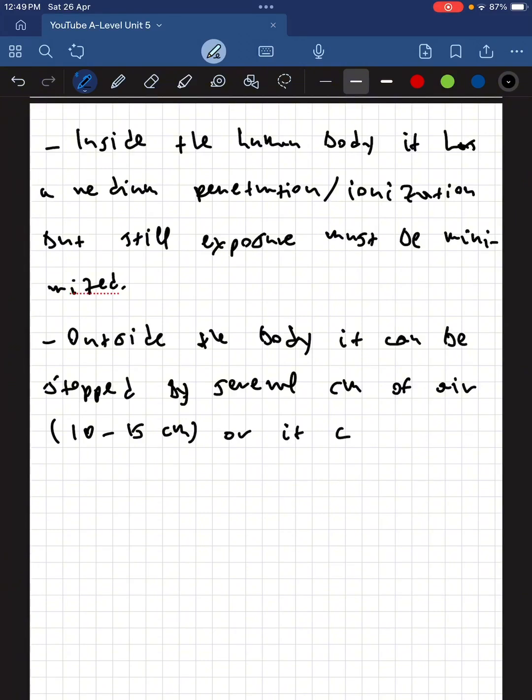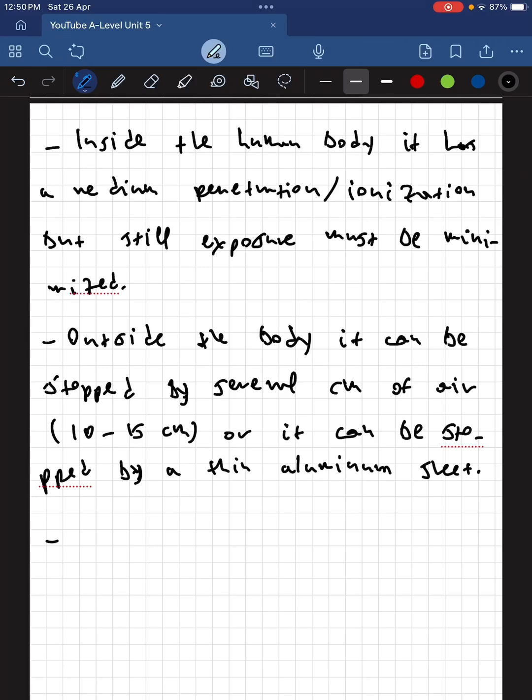Or it can be stopped by a thin aluminum sheet. So for beta particles, you cannot use a thin piece of paper and stop beta radiation. It will go through. So you need something heavier, like aluminum, okay? It's thicker, it has a higher density, so you need something like that to shield from beta radiation, okay?